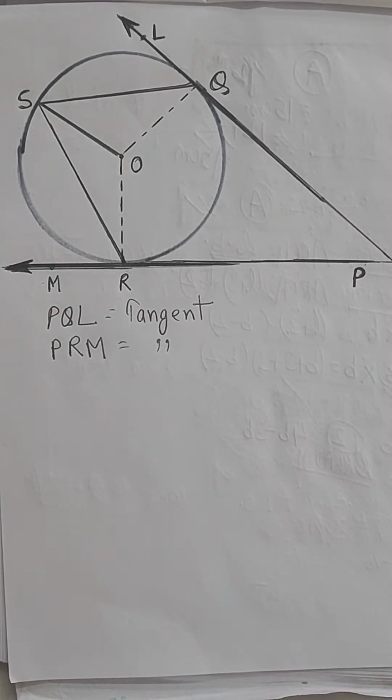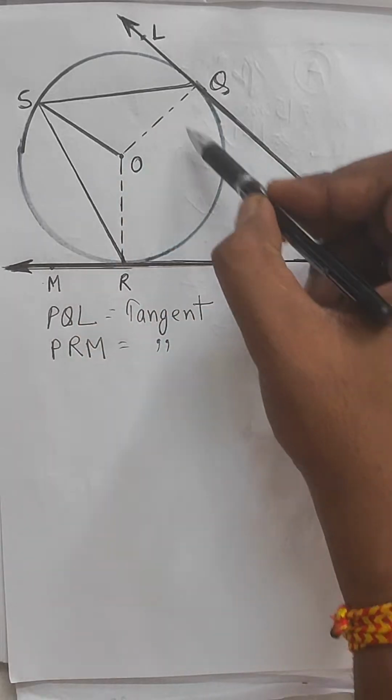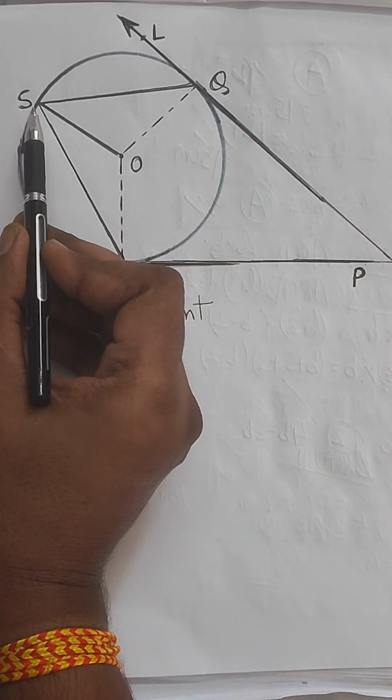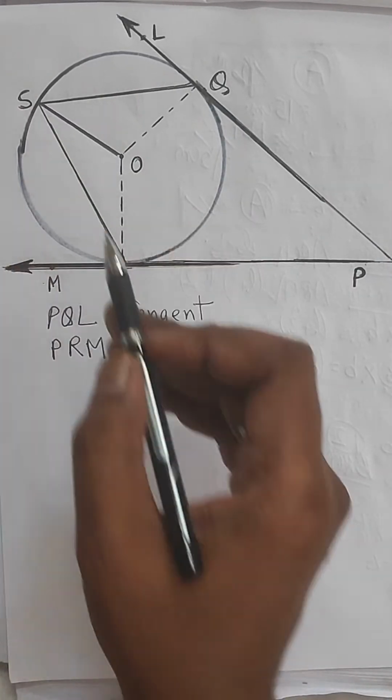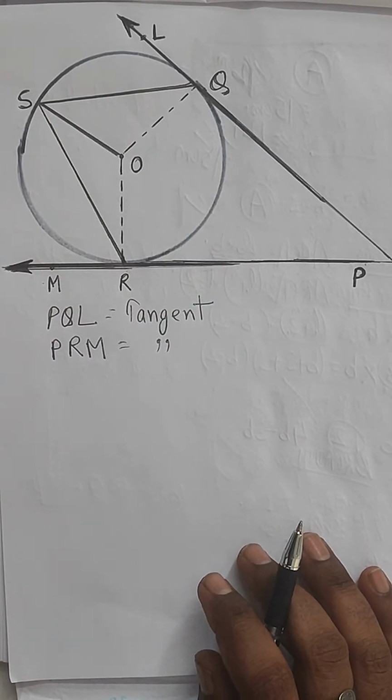Now, S is a point on the circle such that angle SQL is equal to 50 degree. So on the circumference of the circle, S is this point. S is a point which is located such that angle SQL equals 50.